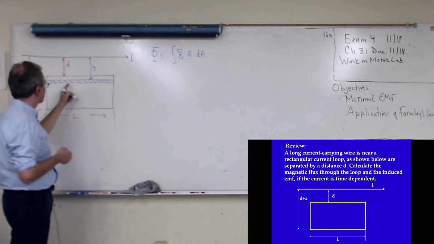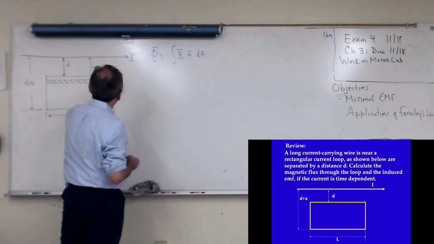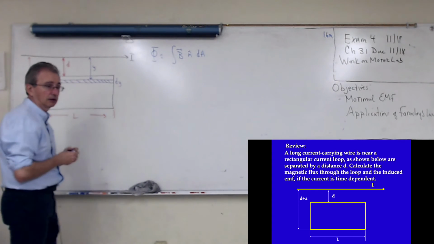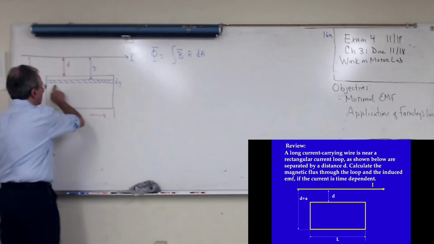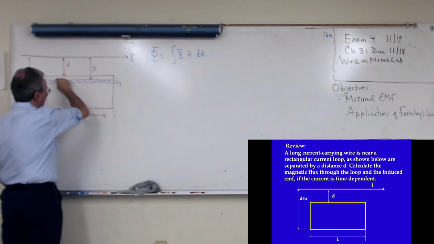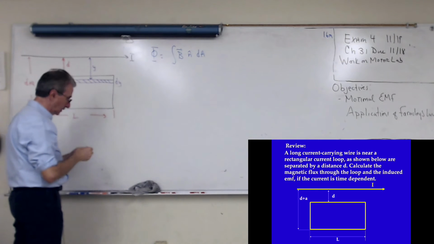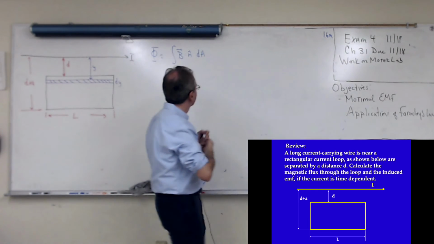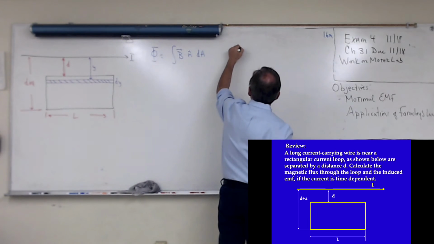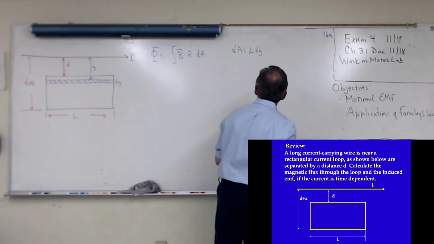So anywhere along this strip, the magnetic field is the same. We can make this strip thickness dy. Its length is L. So my area is the area of this strip, because I know B anywhere along here has the same value. So my dA is going to be L dy.